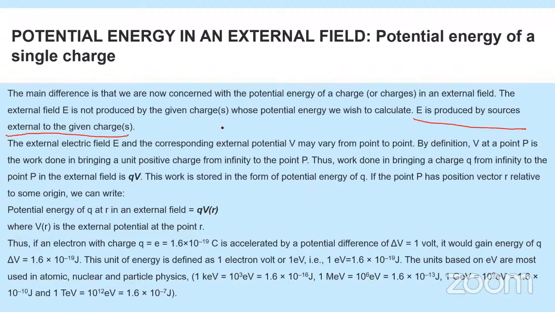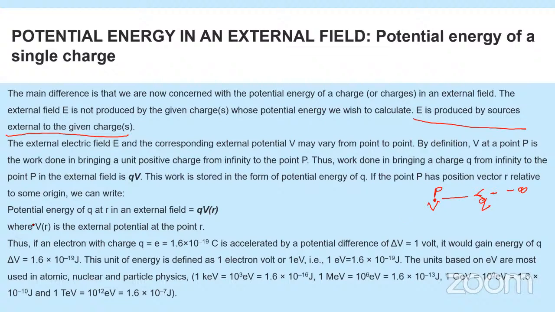If you are trying to do the work in getting a charge, say Q, from infinity to point P in an external field, this is your P, and you're bringing the charge Q from infinity to point P. The work done is Q into V, where V is the potential at point P. And this is going to be the work done in bringing a unit positive charge from infinity to P, and the work done is going to be Q into this potential.